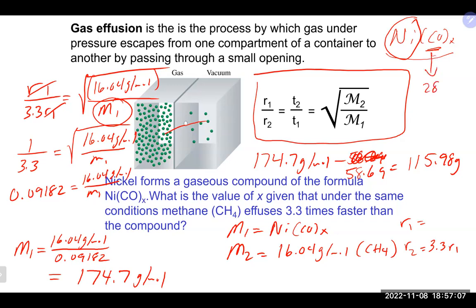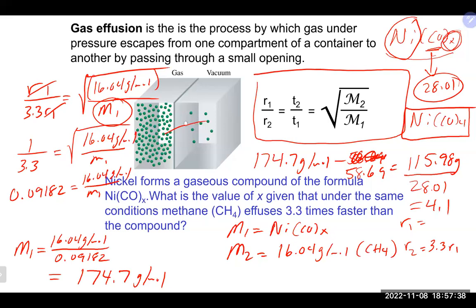So 28.01 is the molar mass of carbon and oxygen together, which means if we take about 116 and divide it by 28.01, it gives us about 4.1, which is close enough to round to 4. So our missing value here would be 4 in this case, and Ni(CO)4 would be our missing compound here.